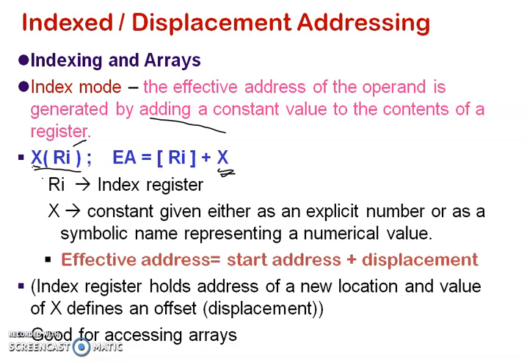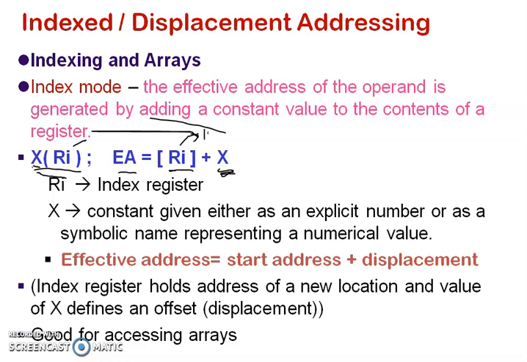Okay, so x of Ri is the notation used to represent the indexed addressing mode. This notation is specified inside the instruction in one of the operands, and if it is found, the effective address is computed as EA equals the content of Ri plus x, and this Ri is considered an index register which has some memory location value.